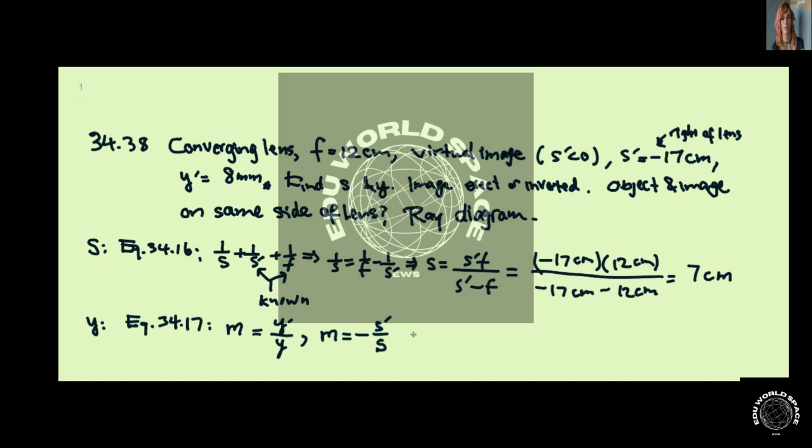So from here, I can find m. Remember, s prime is negative 17 centimeters, and s we just found is 7 centimeters. And that gives me 3.25.